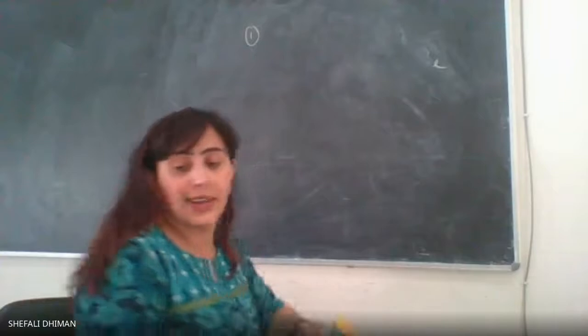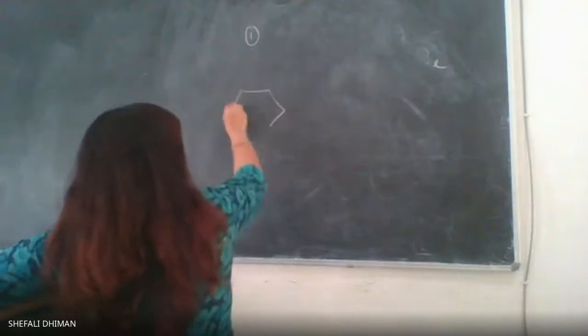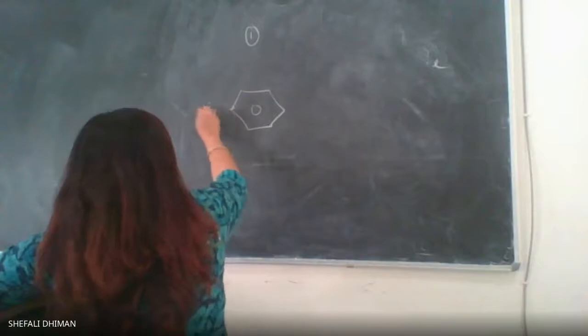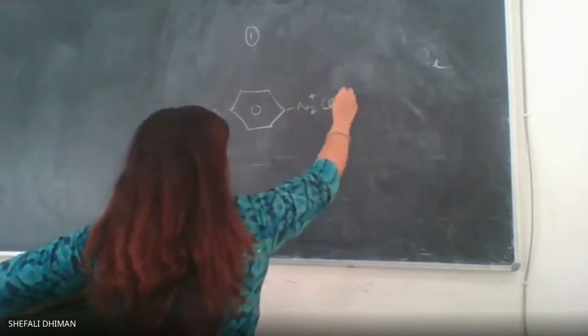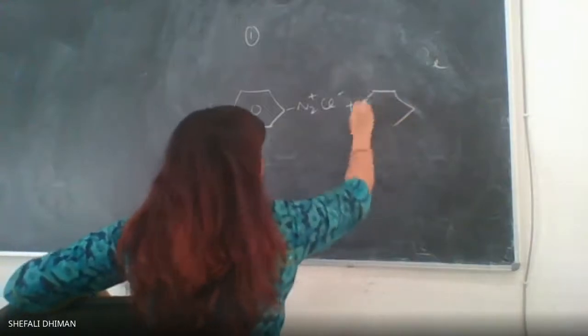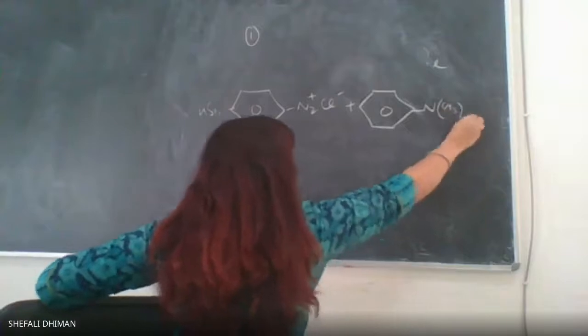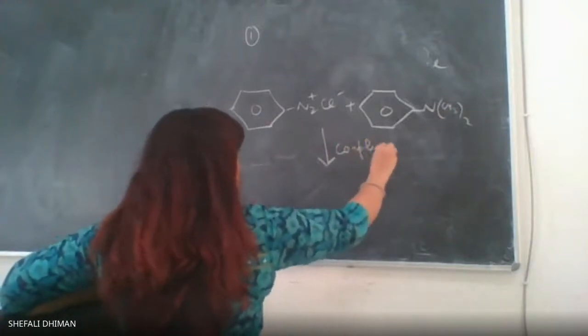So I write down the second step. I have prepared in step number 1 the diazonium salt of the sulfanilic acid. I am going to react this with dimethyl aniline in step number 2, and this is called the coupling reaction.